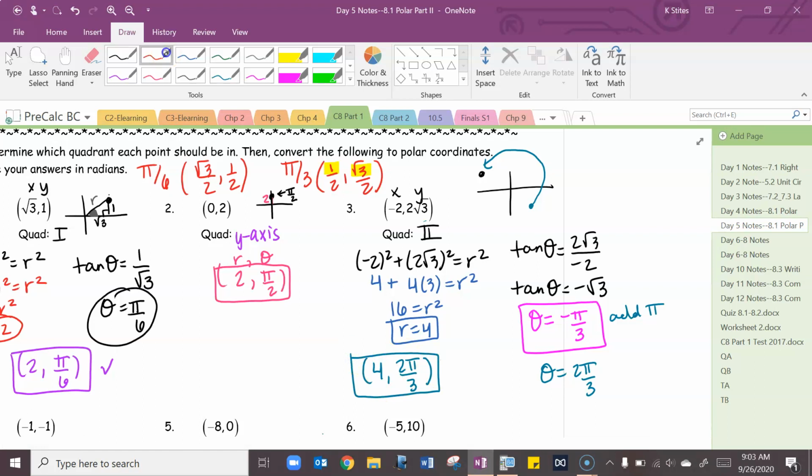Now, option 2 is the people who say, well, wait a minute, why can't I just keep the negative pi over 3 and change my radius to a negative so I can make it shoot through to the other side? If you want to do that, if you want to call this (-4, negative pi over 3), that's fine. They are the same thing.